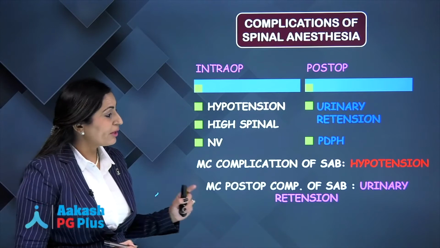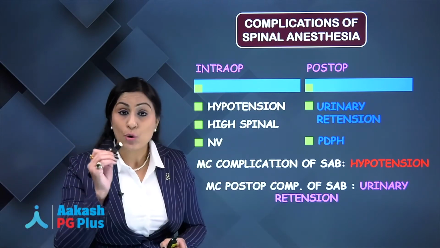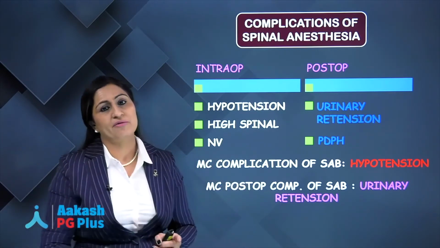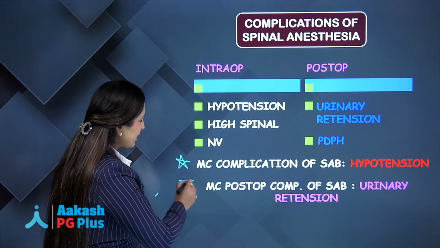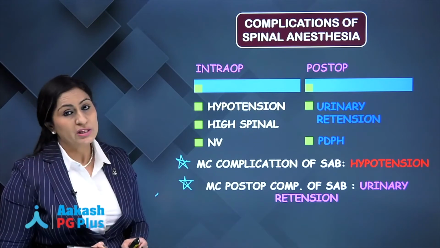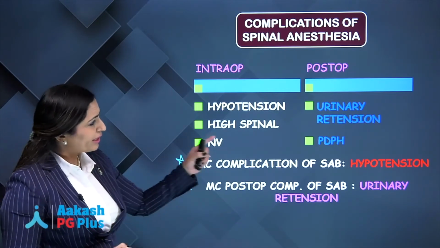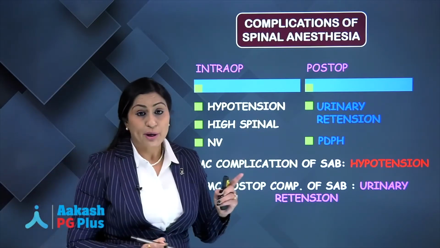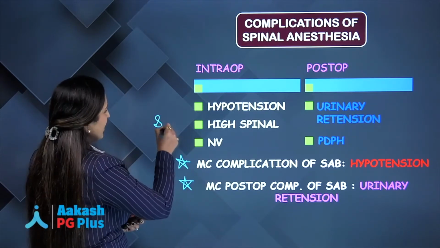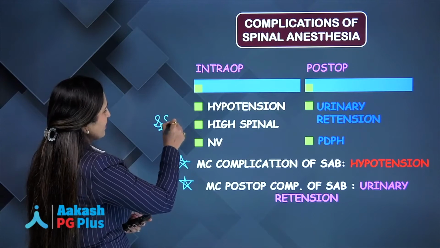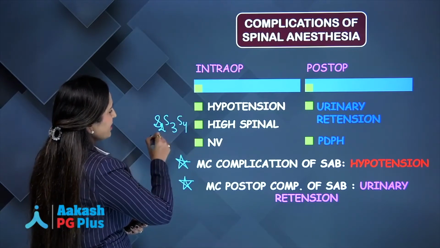And urinary retention is the most common post-operative complication. So these are the questions which you can be quizzed on. Urinary retention occurs because the bladder is supplied by S2, S3, S4, that is nervi erigentes.